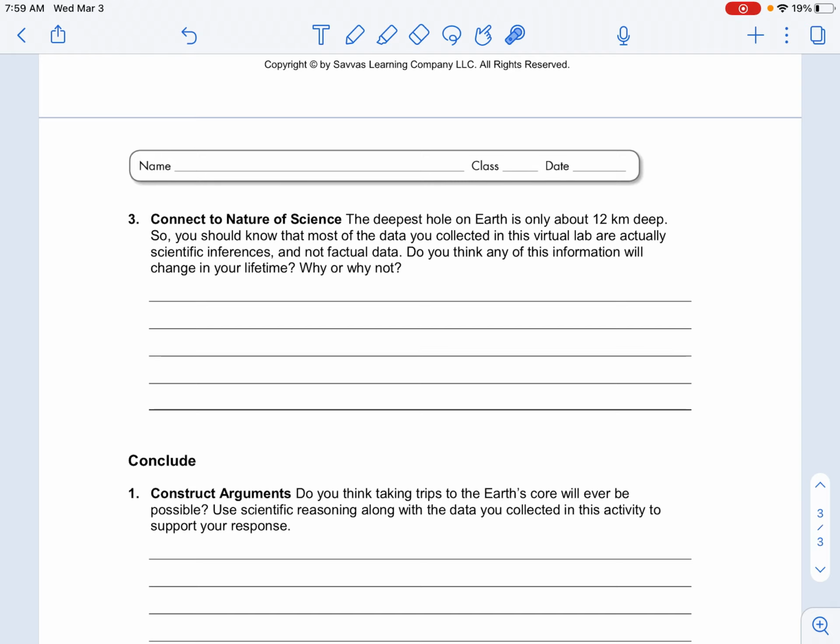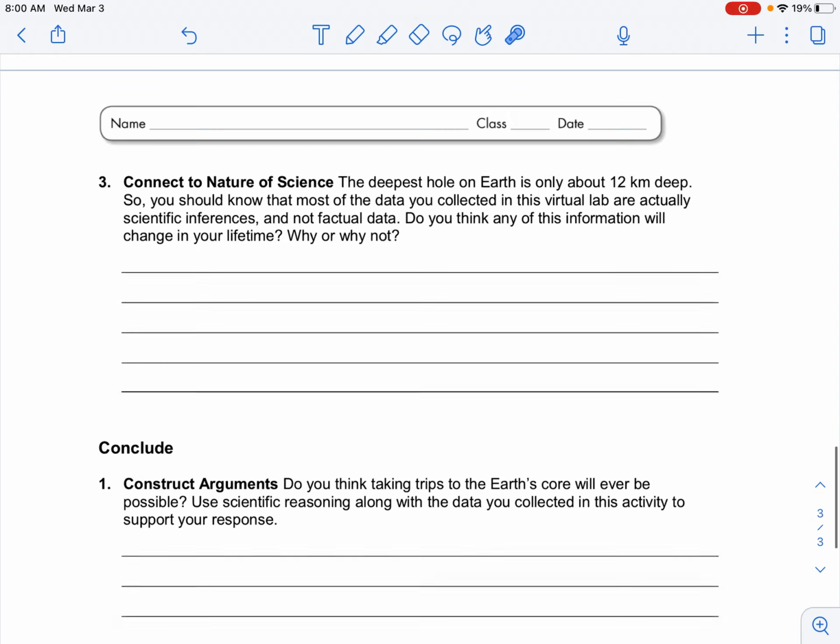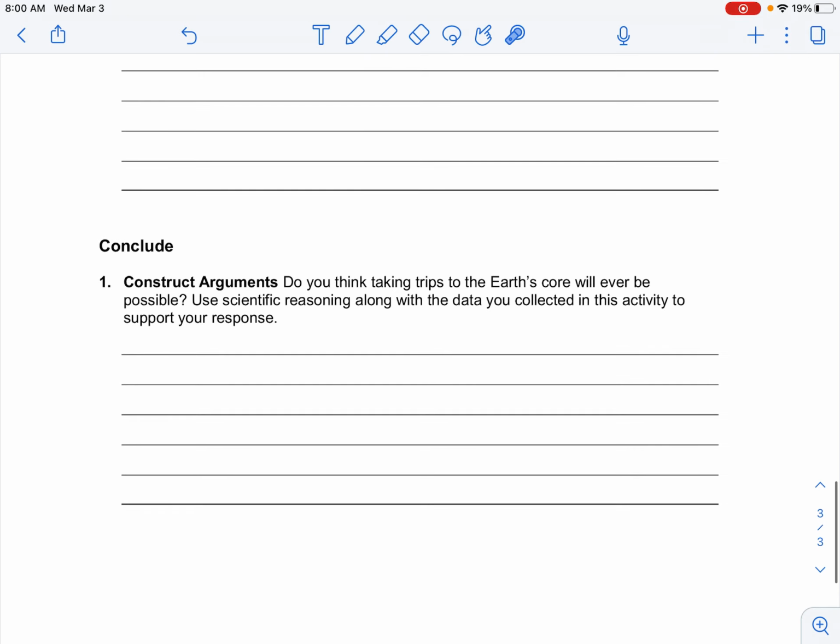Or have scientists learned all that they're going to learn? Something to think about. I am thinking that it probably will change in your lifetime because scientists are continuously working to learn more about all parts of the world.